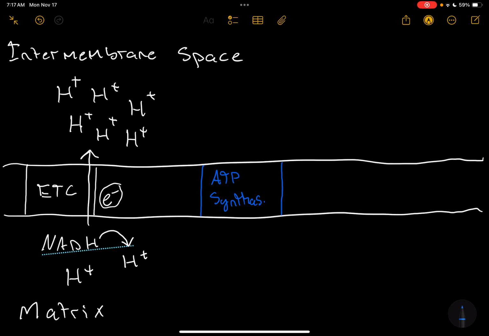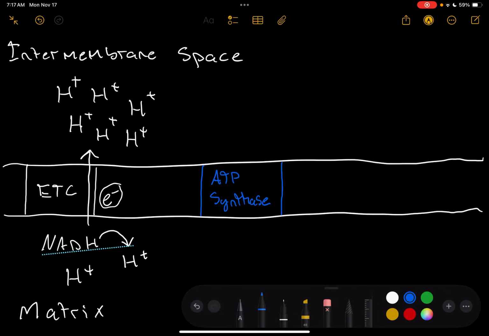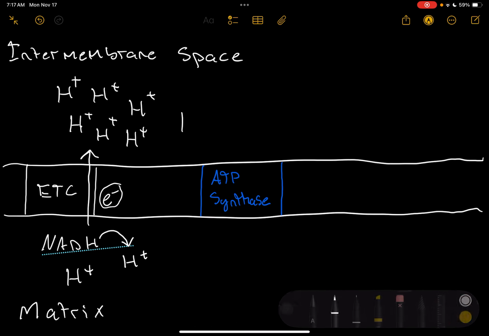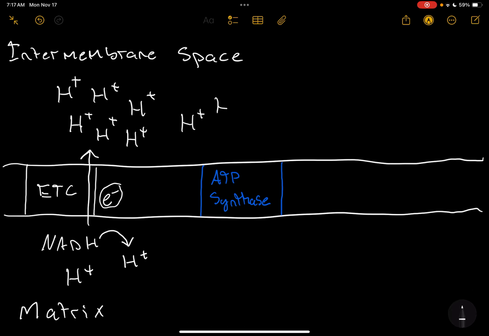What ATP synthase does is take these hydrogens that are in quite high concentration in the intermembrane space and bring them to the mitochondrial matrix. Because that process goes from high concentration of protons to low concentration, it creates energy in the form of ATP. So ADP becomes phosphorylated to ATP.